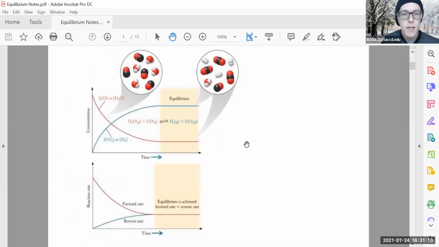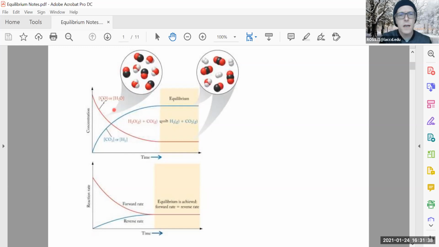Okay, so here's a visual. We can see two graphs. On the y-axis we have concentration, and on the x-axis we have time. You can see the equation: water in the gas state plus carbon monoxide in the gas state in equilibrium to give hydrogen gas and carbon dioxide gas.